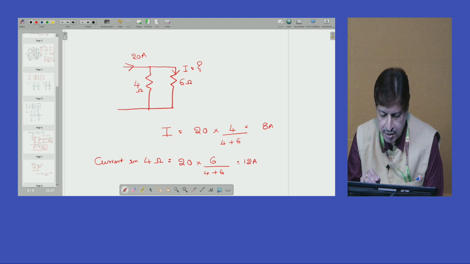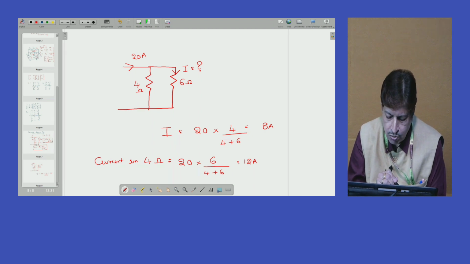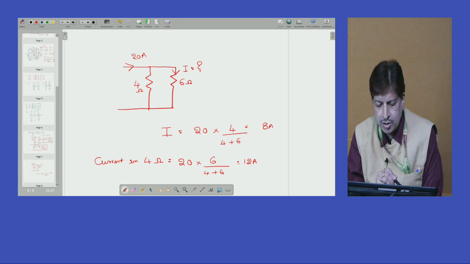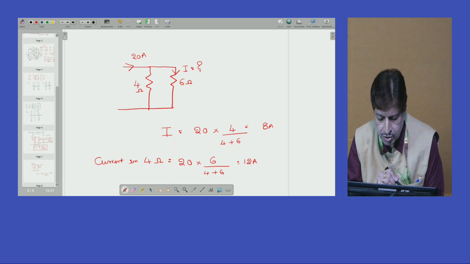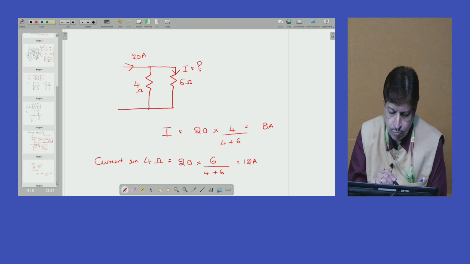Also observe that the 20 amperes current is equal to 8 plus 12. 8 amperes is flowing through 6 ohms and 12 amperes is flowing through 4 ohms.